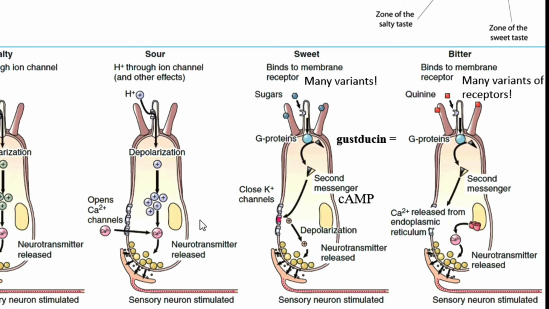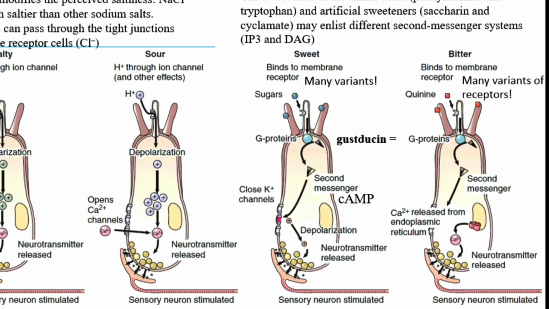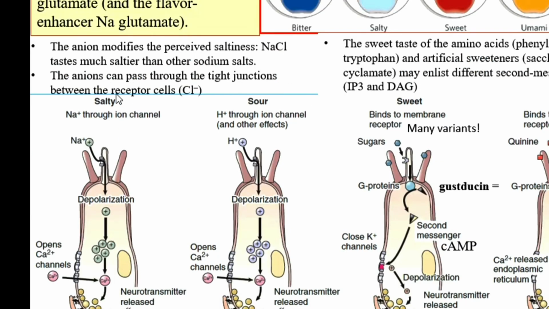There are some other notes about these tastes which I want to mention. First of all, for the salt, the anion modifies the perceived saltiness. It means this chloride here, which is a negative ion, an anion, modifies it. The perception of the sodium and the salt is better when the chloride exists.